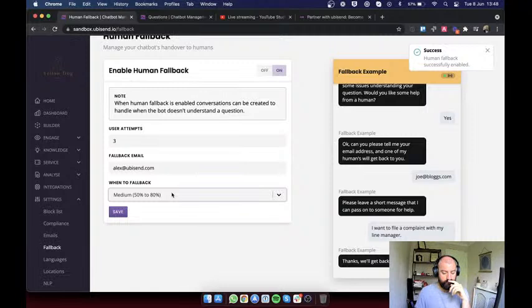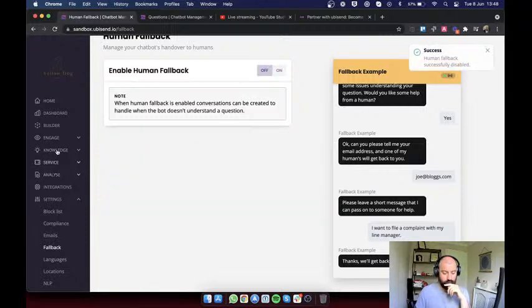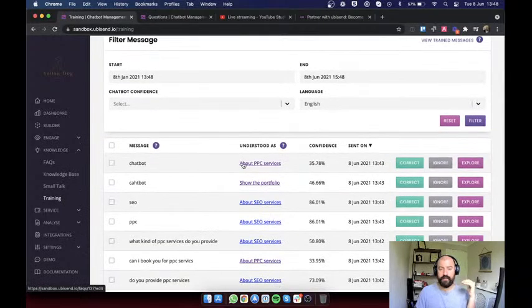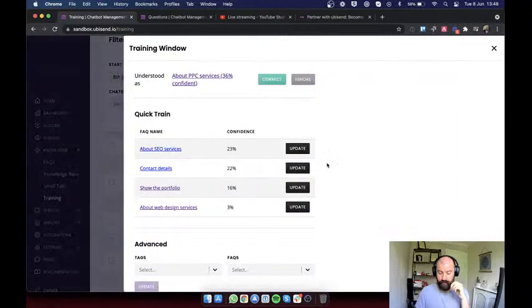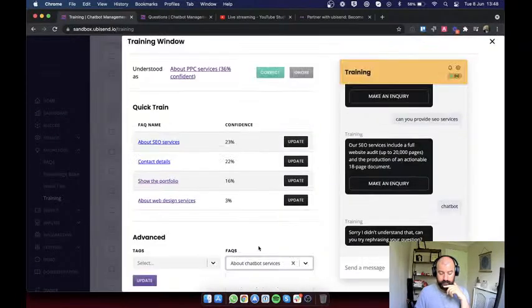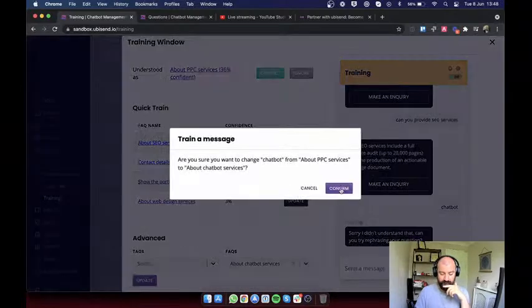So if the confidence score is below 50%, the bot is just going to say, sorry, I don't understand, instead of trying to match it with something. Because this one is 35%, it probably just sent, sorry, I don't know what you're talking about. So what I can do is update this and send it to, obviously, the Chatbot services. Yeah, I'll do that.